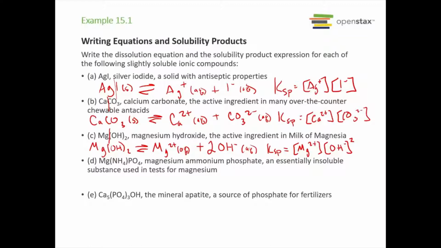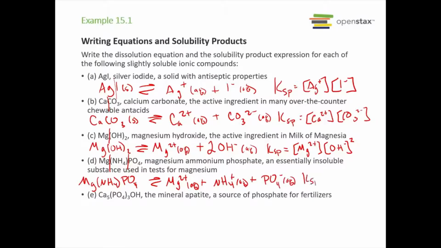Next one, magnesium ammonium phosphate, which is pretty much insoluble, that we use to test for magnesium. This is kind of an interesting one, because it's actually going to split 3 ways. MgNH4PO4 gives us Mg2 plus, NH4 plus, and PO4 3 minus.